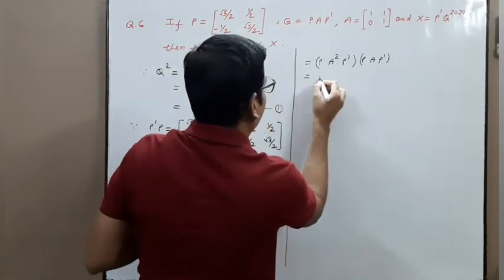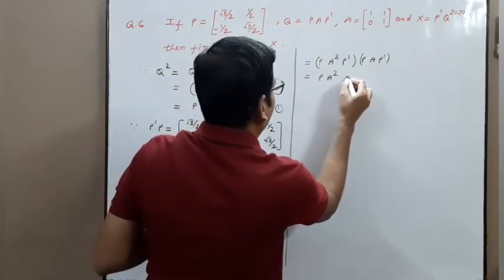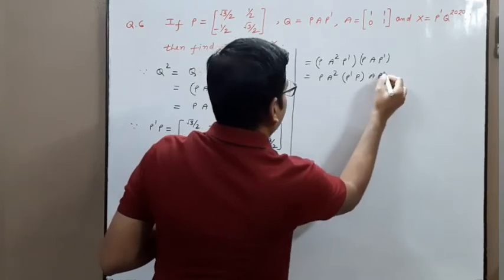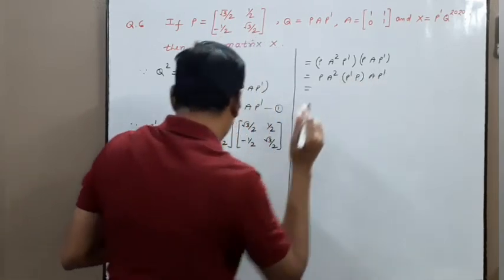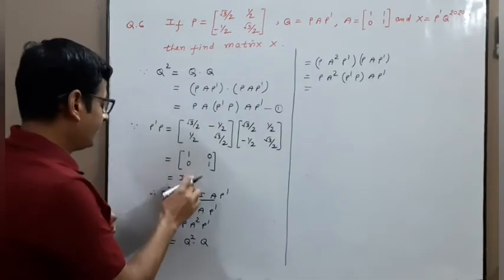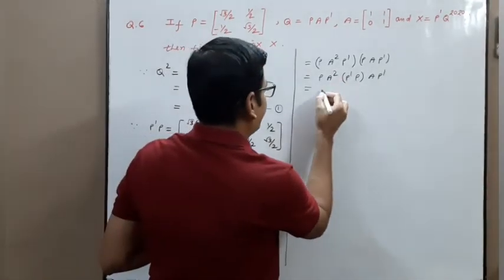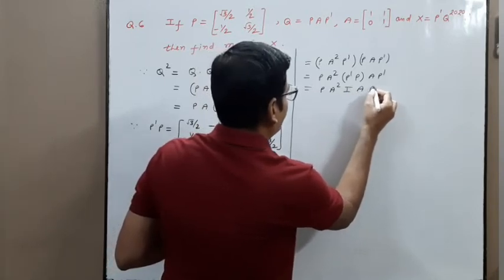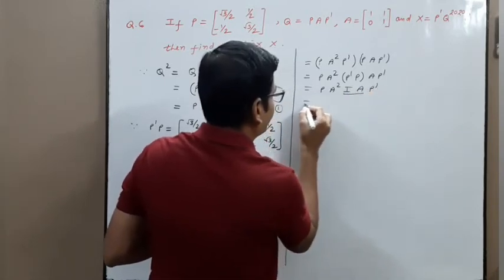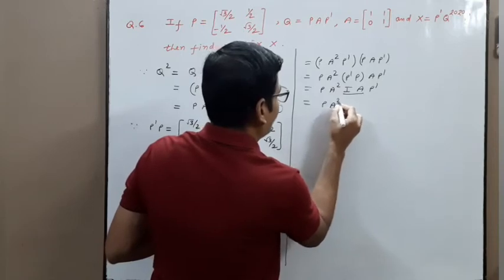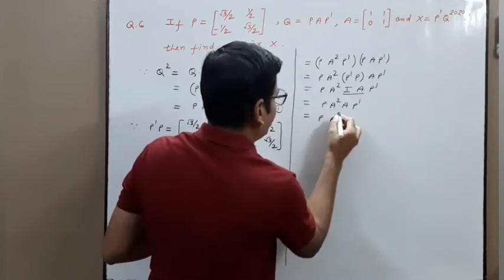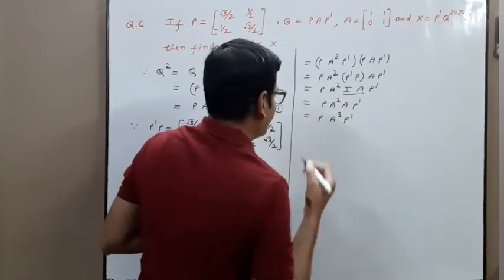Now simplify: P A square, write P dash P together, A P dash, and P dash P we just get identity matrix, so write identity matrix. So P A square into identity matrix into A P dash, write together. So P A square into A into P dash, so we get P A cube P dash. So we get some symmetry.